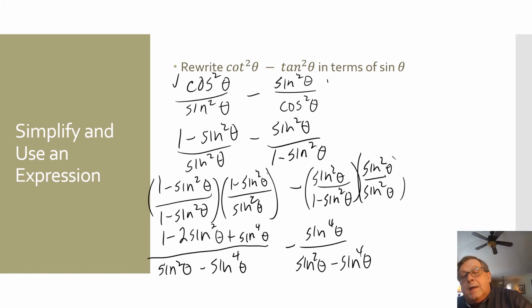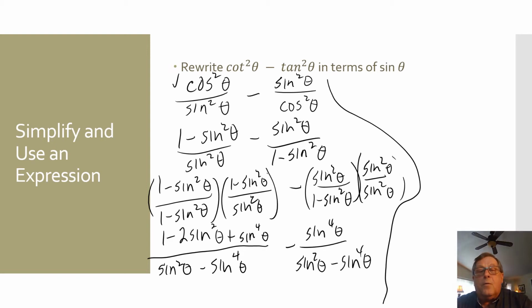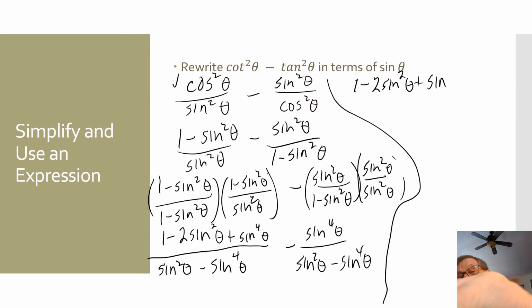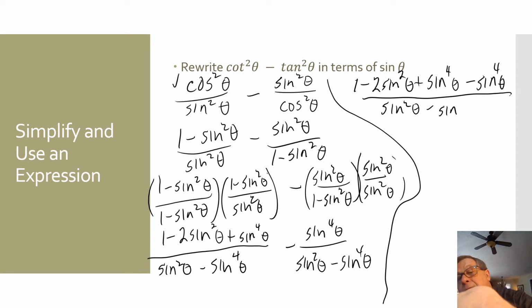Well, now we can combine these as 1 minus 2 sine squared of theta plus the sine of theta raised to the fourth power minus the sine of theta raised to the fourth power, all over sine squared of theta minus the sine of theta raised to the fourth power.